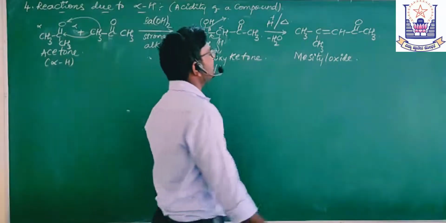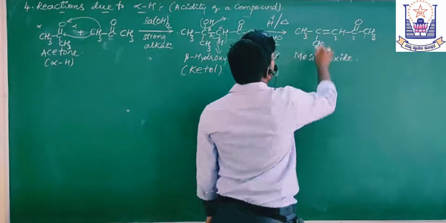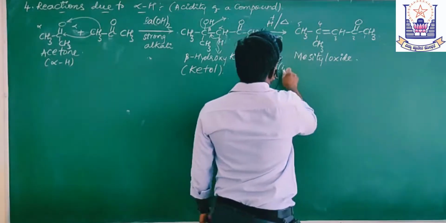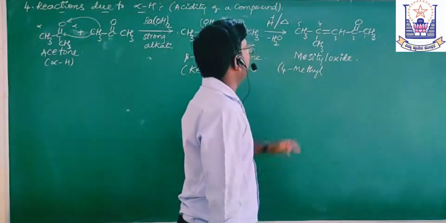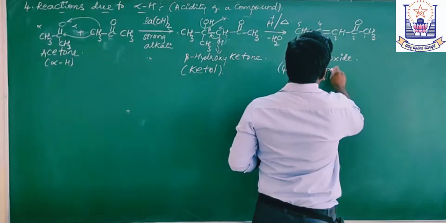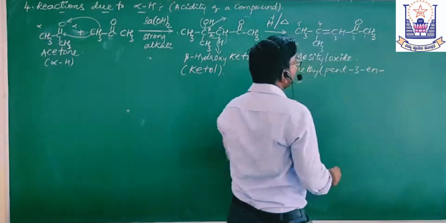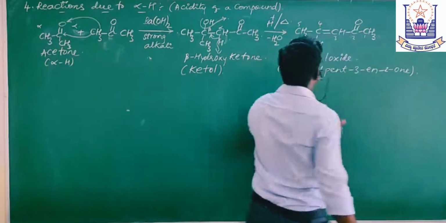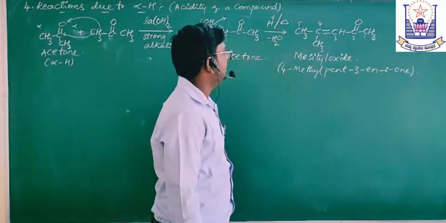What is the IUPAC name? This is carbon 1, 2, 3, 4, 5. So it is a 4-methyl. 5 carbon atoms in the parent chain, so it is a pentene, and at the second position we have the ketone. 4-methylpent-3-en-2-one is the IUPAC name.